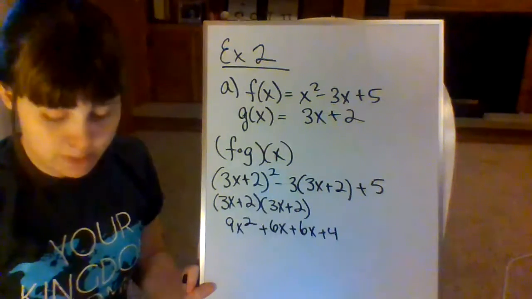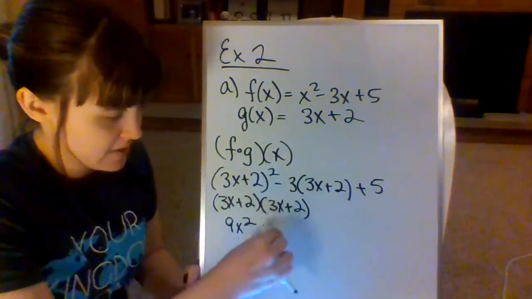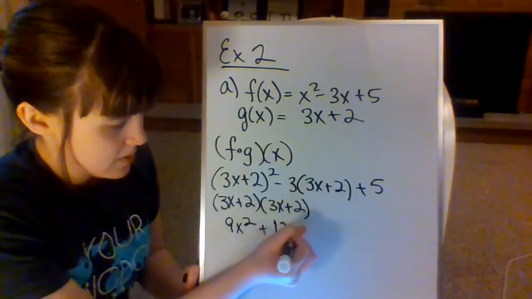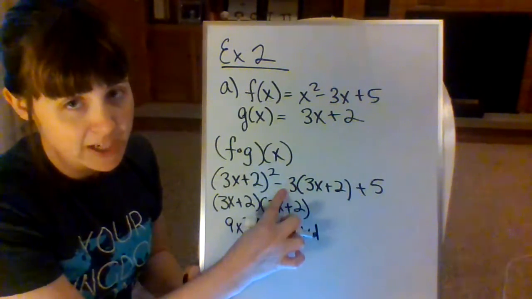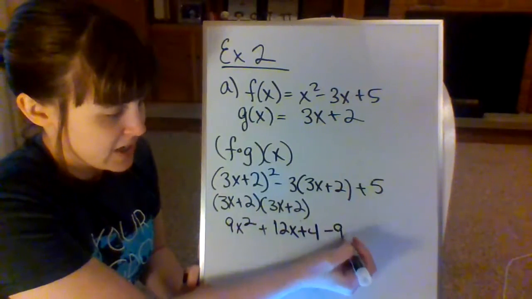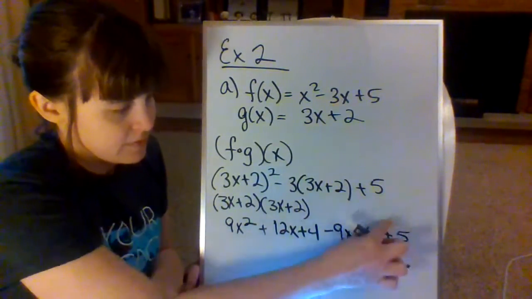I'm going to condense that a bit: 9x squared plus 12x plus 4. In this part here, we're going to distribute this negative 3. So minus 9x minus 6 plus 5.